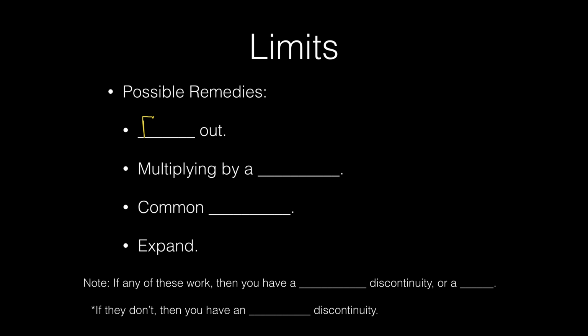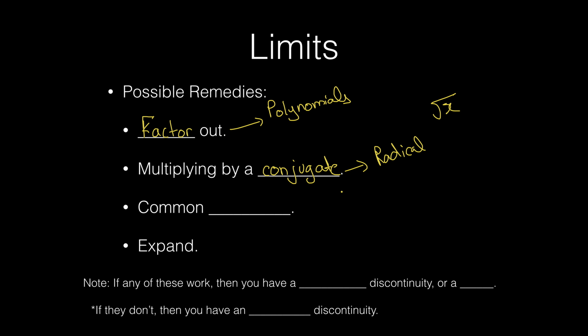You could factor out. This is one you're going to see more often, and it's basically whenever you have polynomials. You should always be looking to factor out. Multiplying by a conjugate is basically when you have a radical, like square root of x.